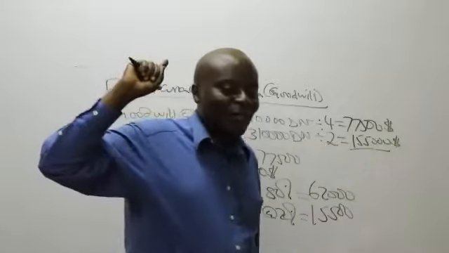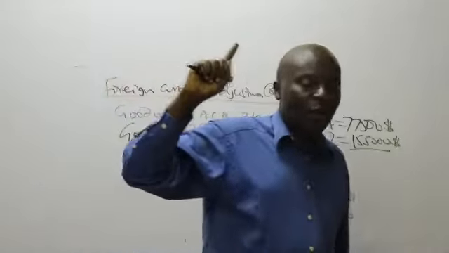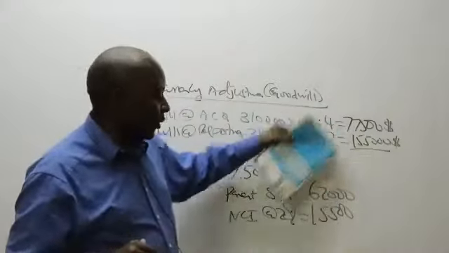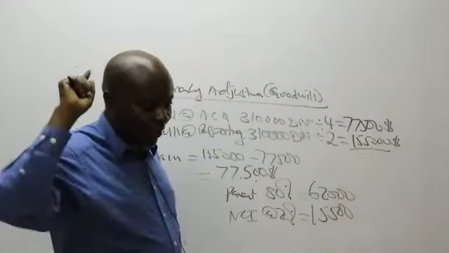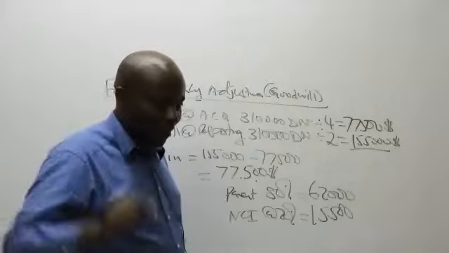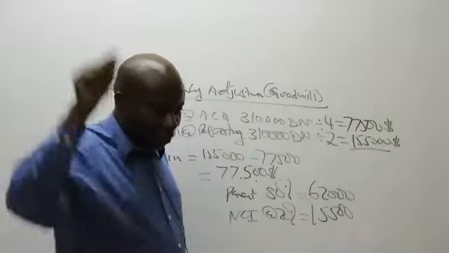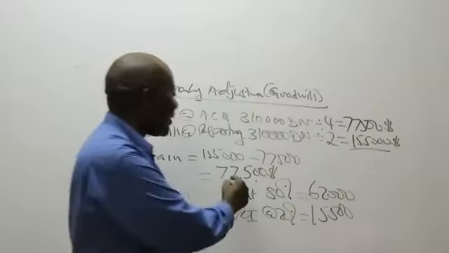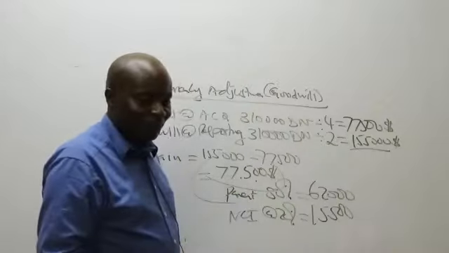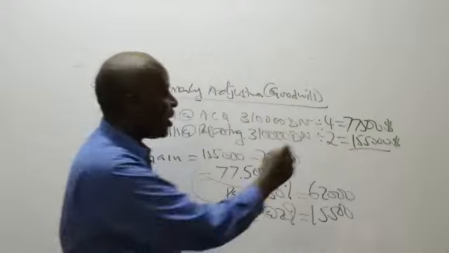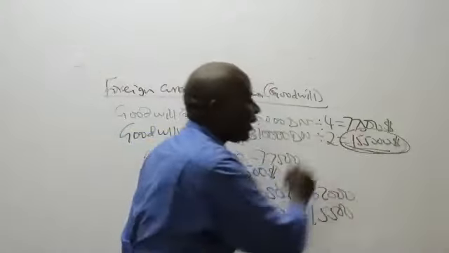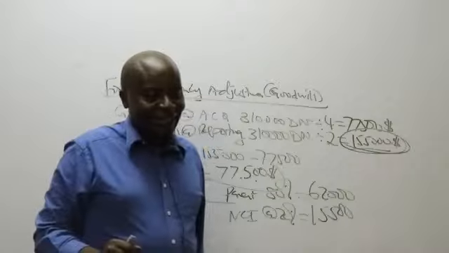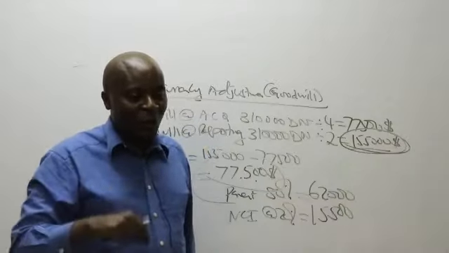What figure of goodwill should you take there? It has to be in terms of dollars. I want us to put a figure there. 62,000? No, this is an income statement thing. It is here: goodwill at reporting, $155,000.